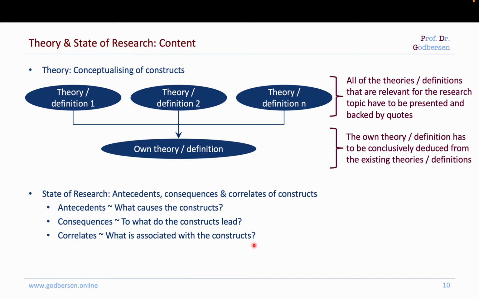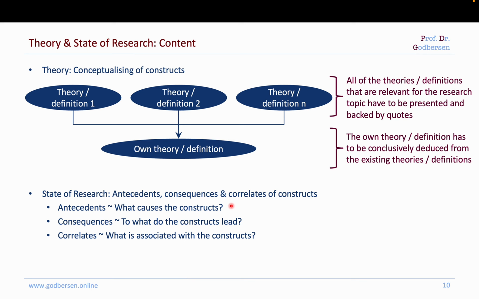In other words, you cannot always have a clear antecedent or root cause relationship. Sometimes it's just a correlation. There's some association, but we do not know what is the consequence and what is the antecedent. That is a correlate. To give you a simplified example, what are the antecedents of work satisfaction?